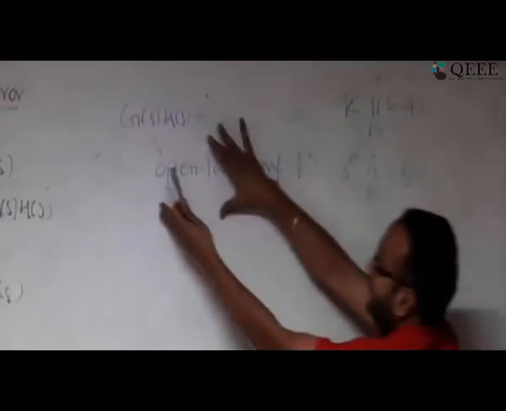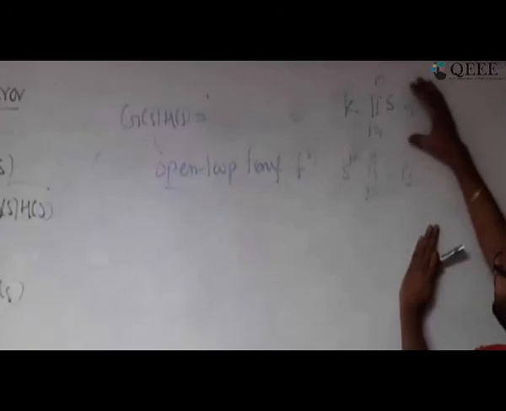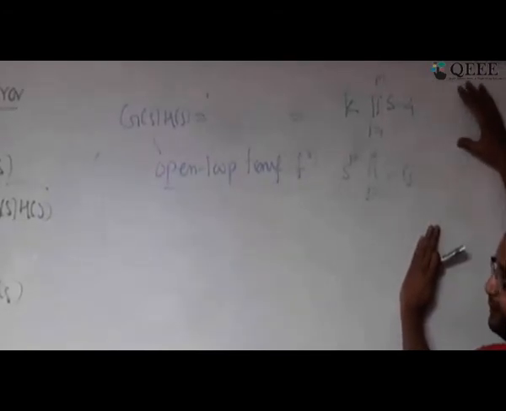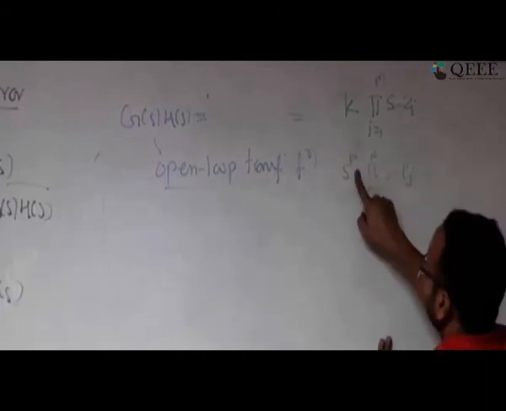This is one polynomial which has a numerator term and a denominator term. The numerator term I am writing as a multiplication of several roots, and the denominator also. There is one term coming, s to the power of p. This p denotes the type of the system.